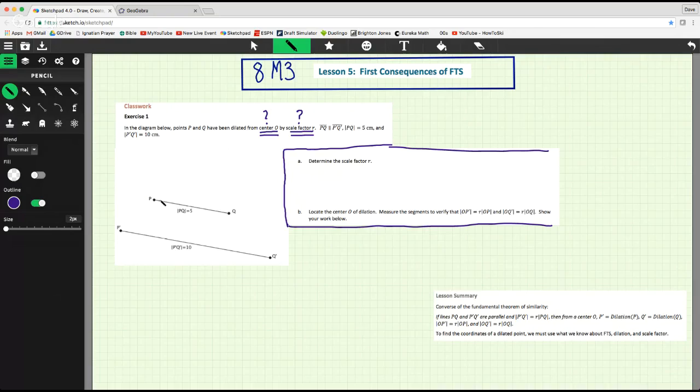However, they do tell you that these two points have been dilated, and that these lines are parallel.